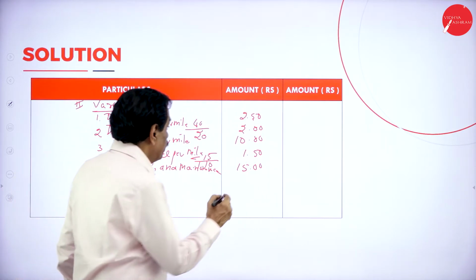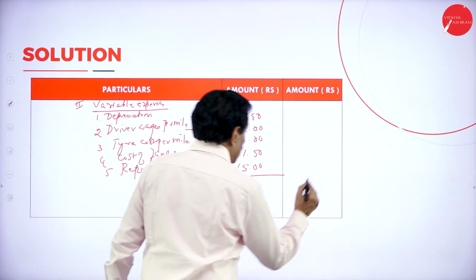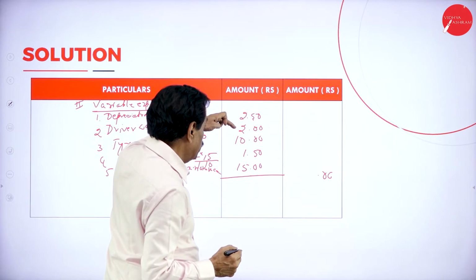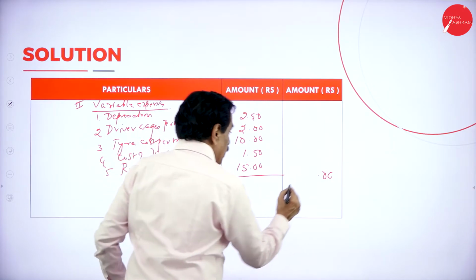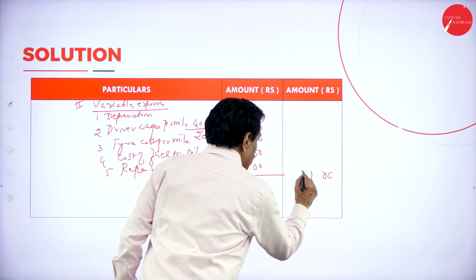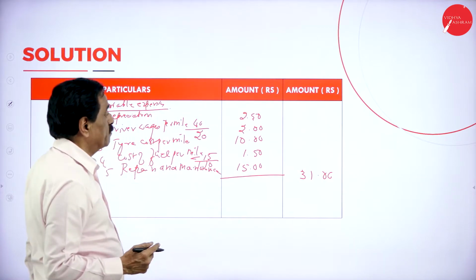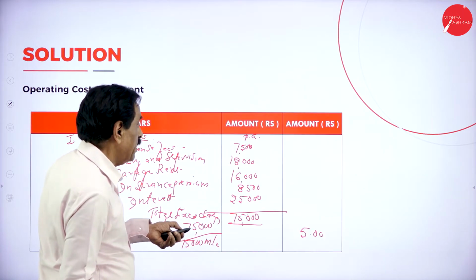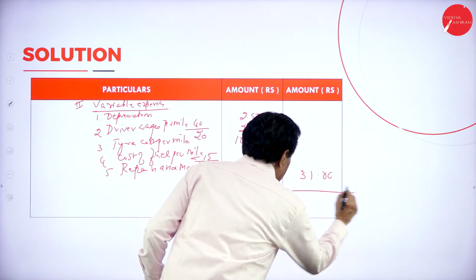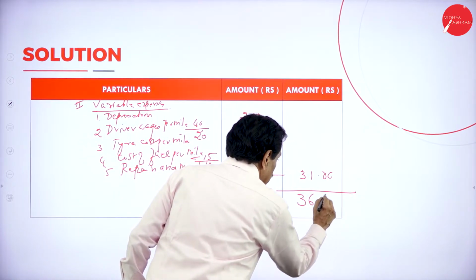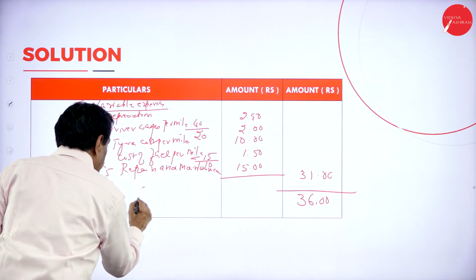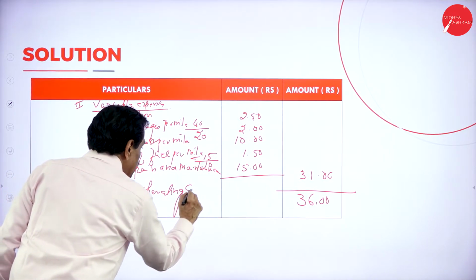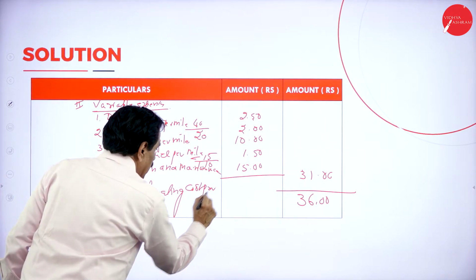Add the figures. 1 plus 2, 3 plus 2, 5 plus 1, 6 plus 5, 11. This is 31. There's another 5. 36 is the operating cost per mile.